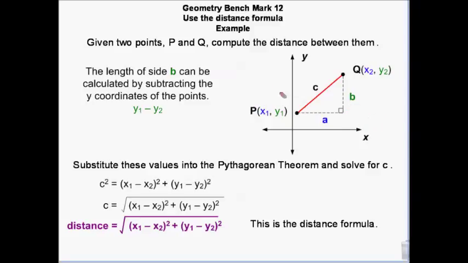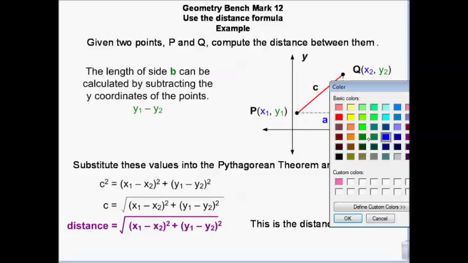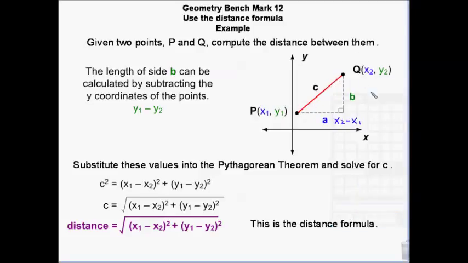what I would do is subtract x2 minus x1. That gives me the length of A. And to find the length of B is actually y2 minus y1. That is the length of B. So this is A and this is B, because we have c squared is equal to a squared plus b squared.